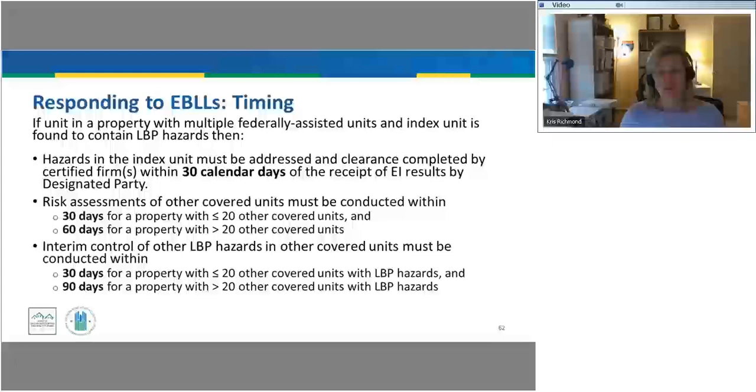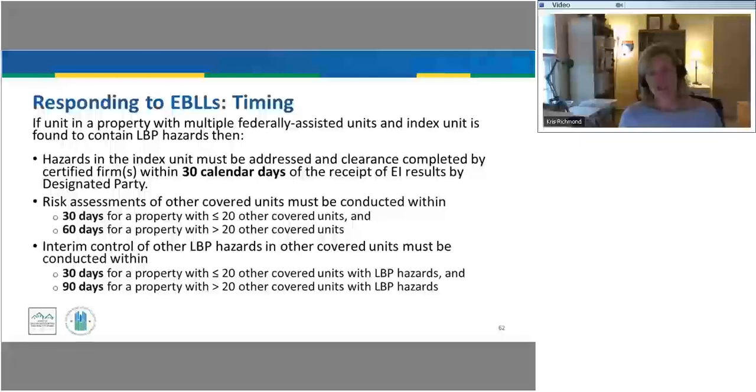So with risk assessment of these other coverage units, well, first we have the hazards in the index unit. The hazards in the index unit have to be addressed within 30 calendar days of receipt of the environmental investigation. And then the risk assessment of the other coverage units, if we have less than or equal to 20 other coverage units, that has to be done within 30 days.